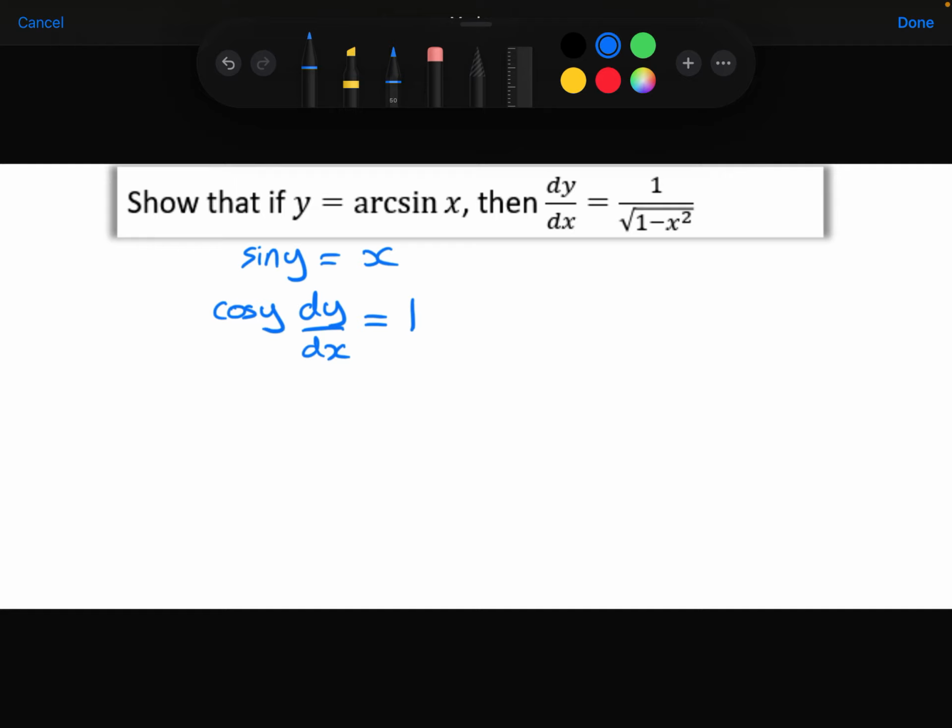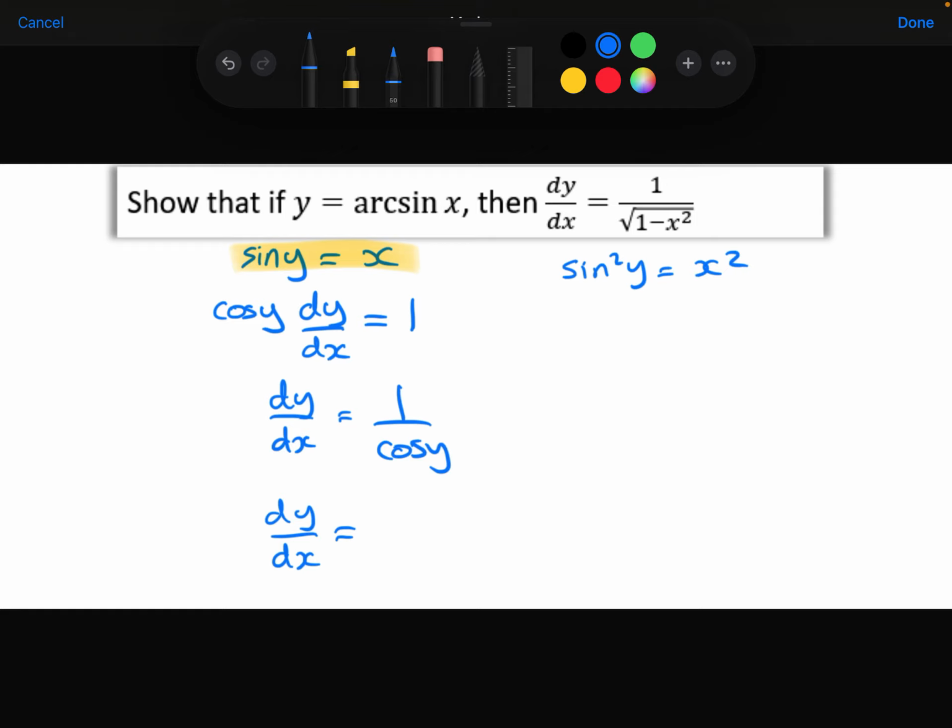I'm now going to make dy by dx the subject. And 1 over cos y. I don't want it as a function of y, I want this as a function of x. So let's come back up here. I know that sine y is equal to x. So I know that sine squared y is equal to x squared.